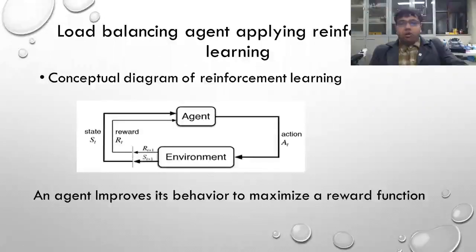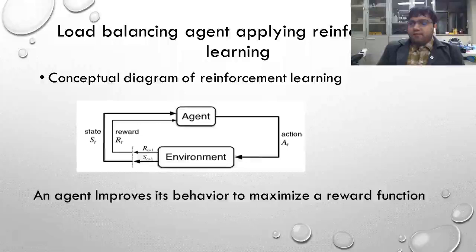Now, what is this reward function? It can be any kind of mathematical function that can reveal how you measure the goal or achievement in a single term. So in this agent system, it has to improve its behavior to maximize the reward function, which you have to define for our proposed system.